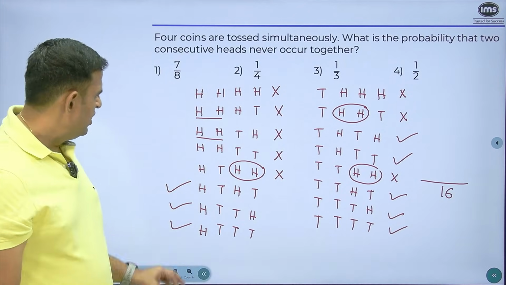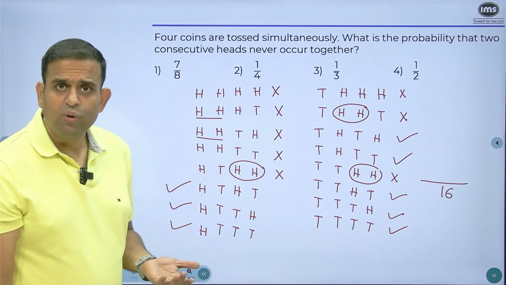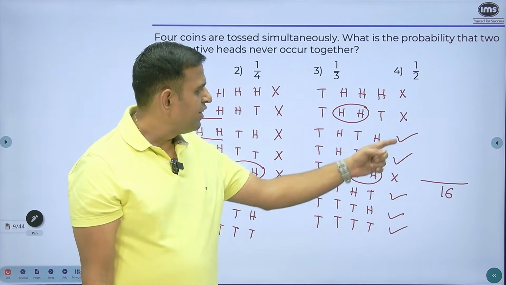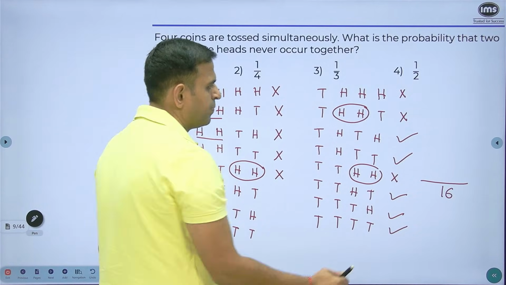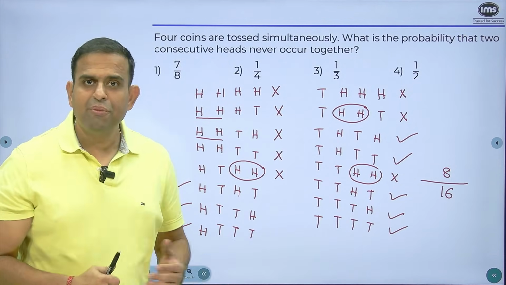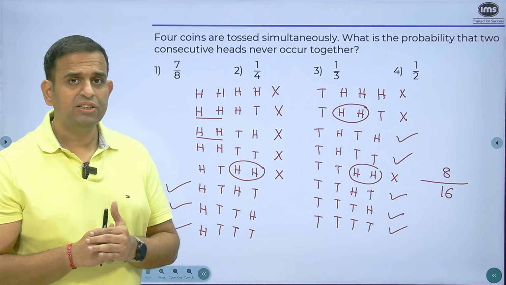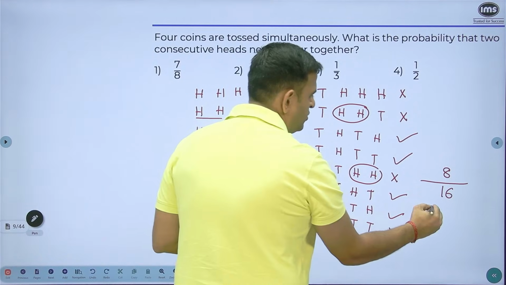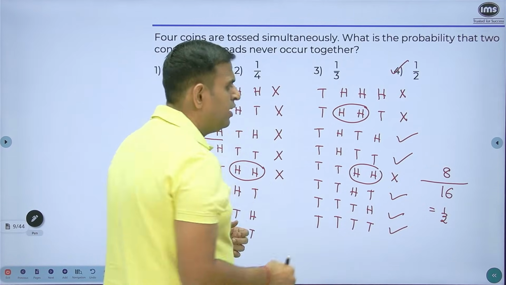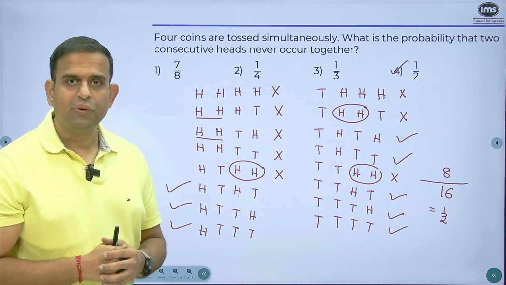So you can see, if I look at the count, the favorable number of cases came out to be 1, 2, 3, 4, 5, 6, 7, and 8. Hence, the required probability must be favorable cases divided by the total number of cases, giving you 1 by 2. So I will choose to mark option number 4 as the answer for this particular question.